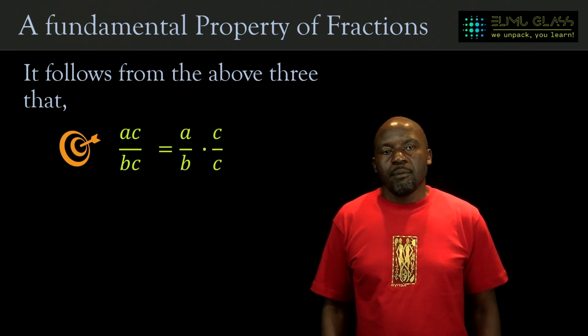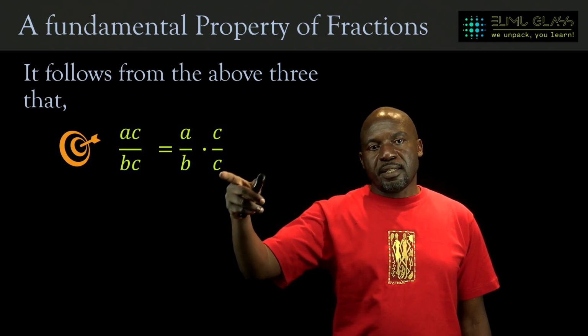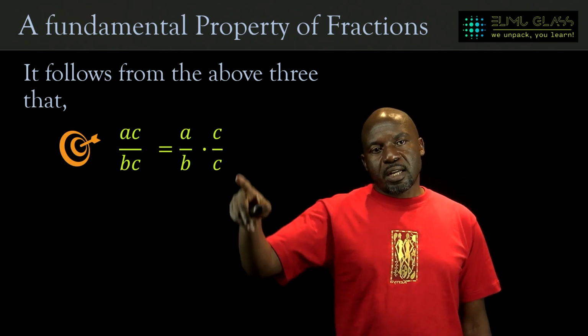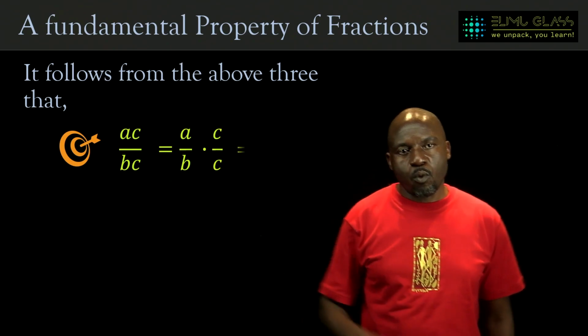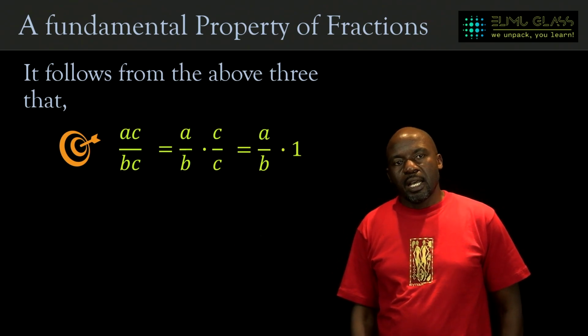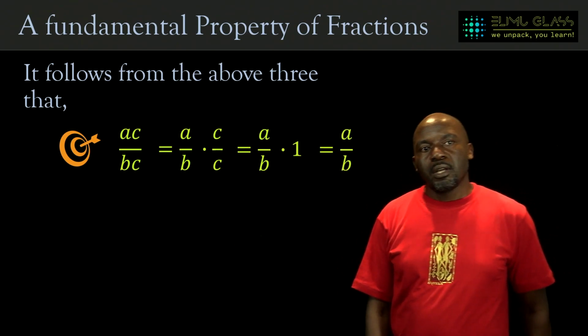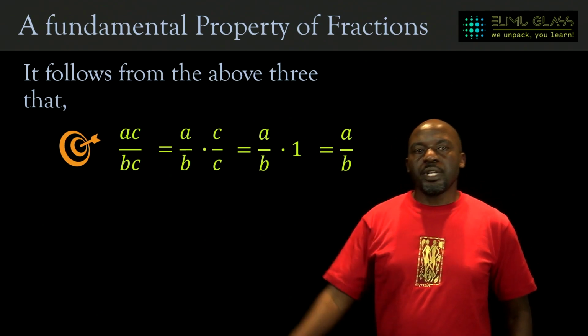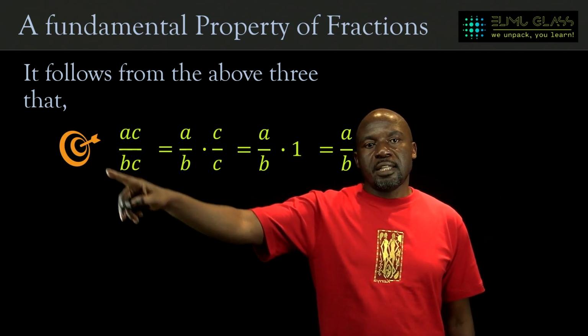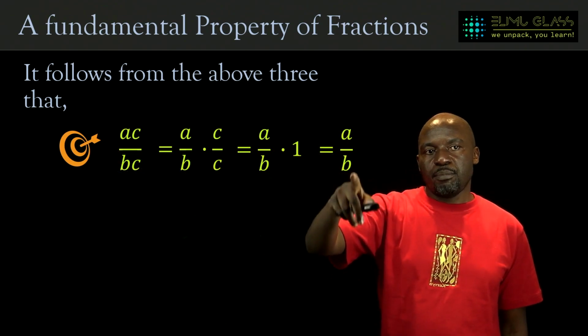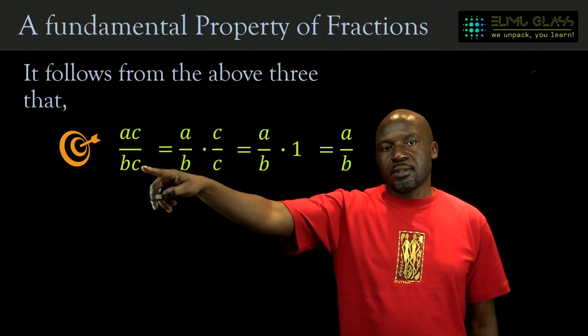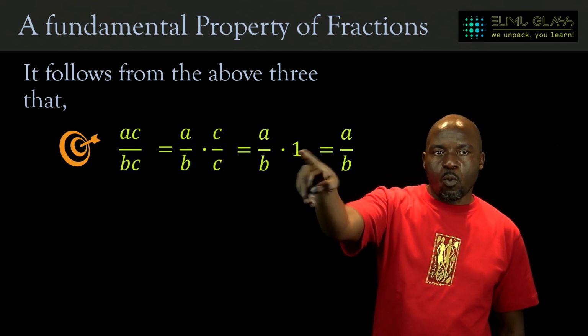But we've seen that a number divided by itself is 1. So I can replace c over c with 1, and so the answer becomes a over b. We need to be able to see that this basically reduces to a over b, because c cancels the c there to give us 1.